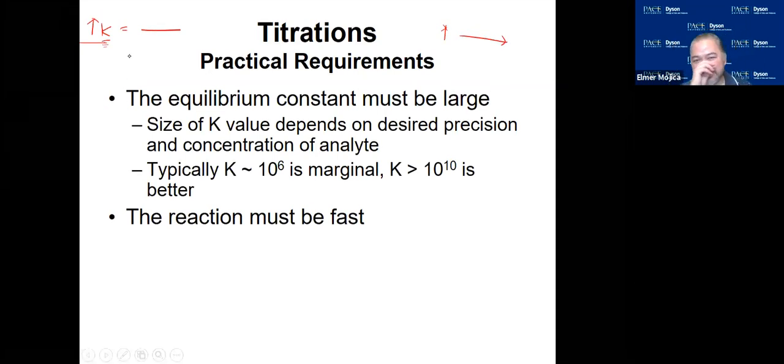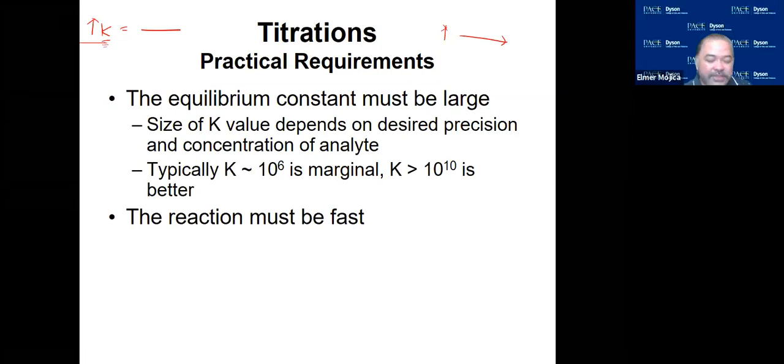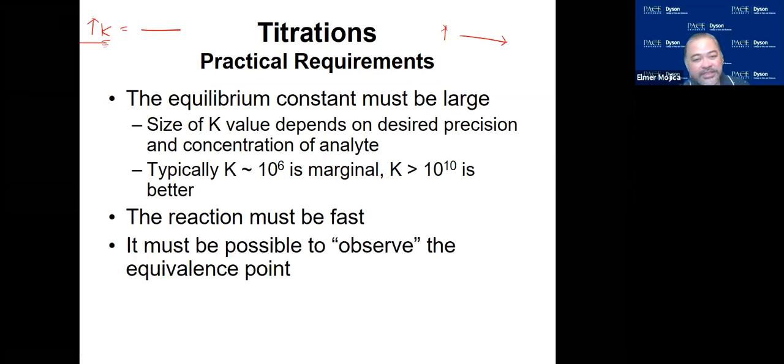You want the reaction to be complete as soon as you add the titrant. This is not going to be practical. Titrating it, you have to wait for 1 hour, and you already added. You don't know if you reached the endpoint already. Do you see the point that I'm trying to say here?